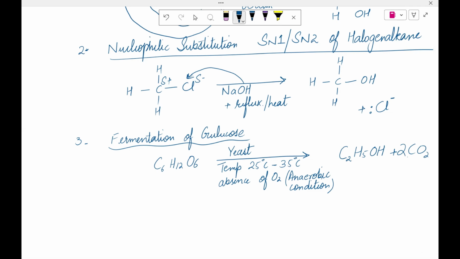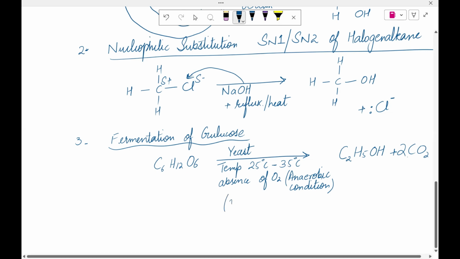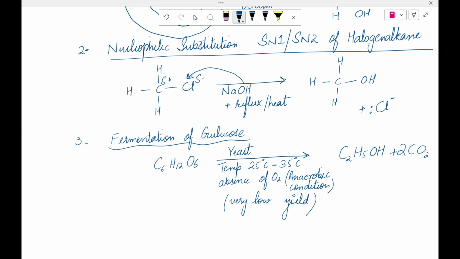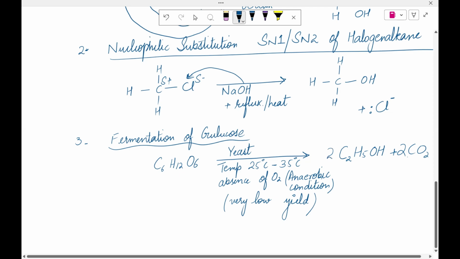Okay, so what is going to happen? The important thing that I want to discuss here, that this reaction has a very low yield. Why are we saying that? Yield means production. So this reaction is going to have a very low yield, and the reason is that when alcohol is created, it would basically kill the yeast.